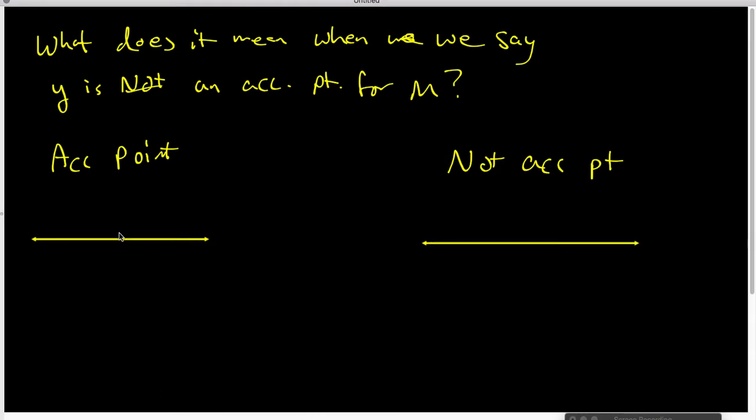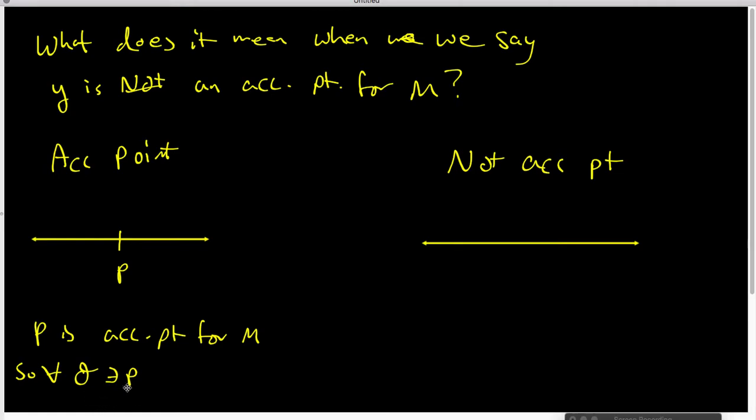So over on this number line, I've got a P, and P is an accumulation point for M. So for every open interval containing P, that's a new symbol. It's a backwards is an element of, and it simply means containing.